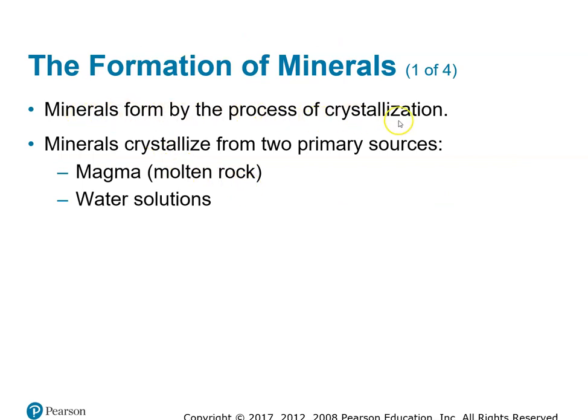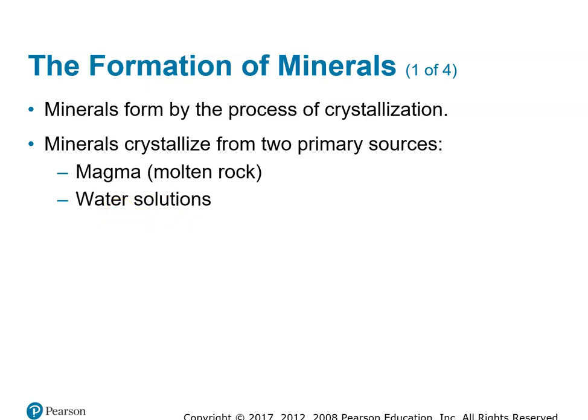Minerals formed by the process of crystallization. Okay, so we're going to delve a little bit deeper into this. Minerals crystallize from two primary sources: from molten rock and also from water solutions. That is, the water might precipitate.